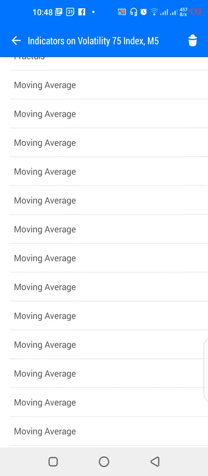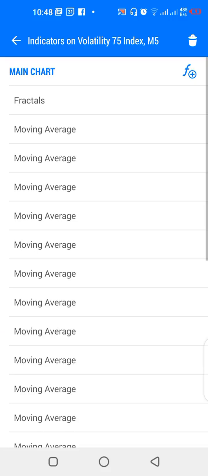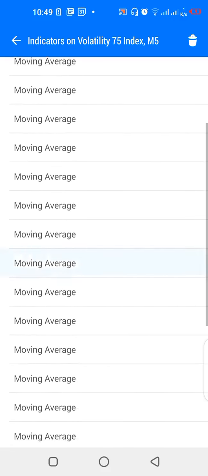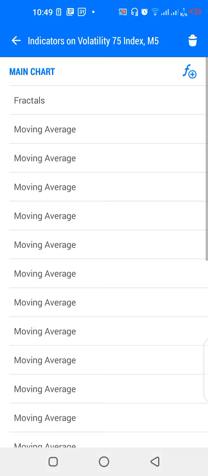So the ninth one is 70, and the tenth one is the 75, which is the last of the green.